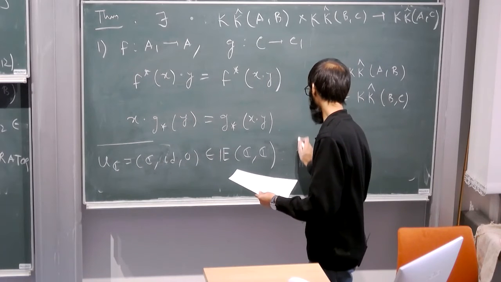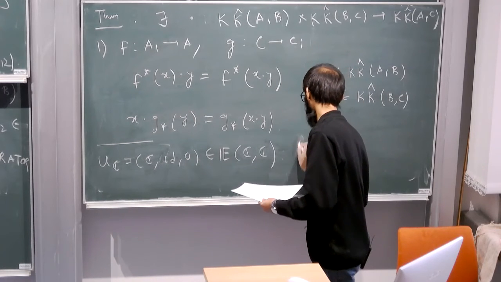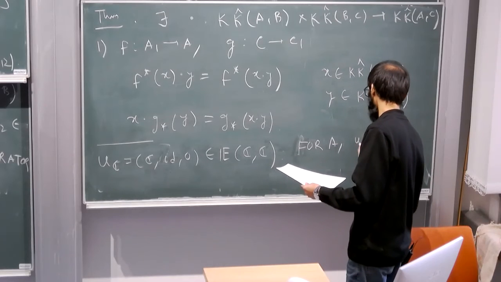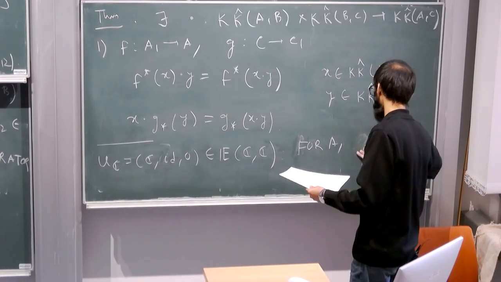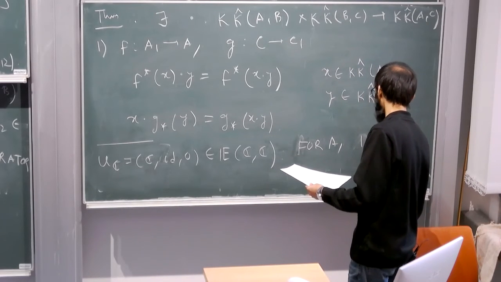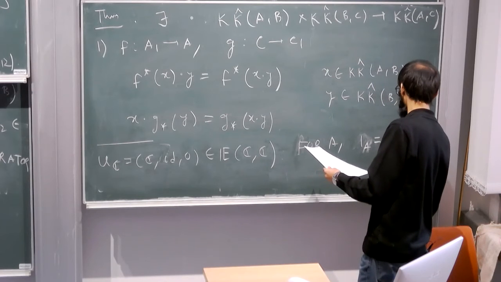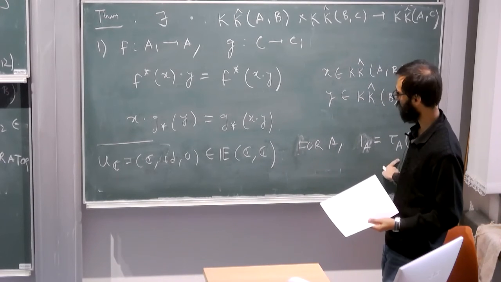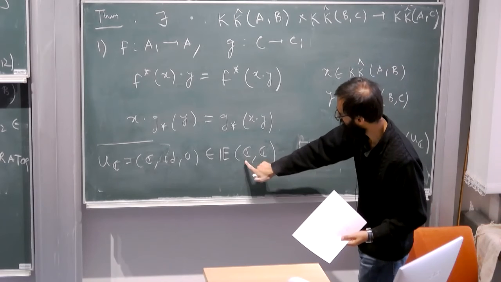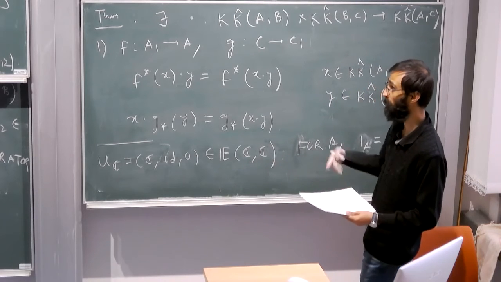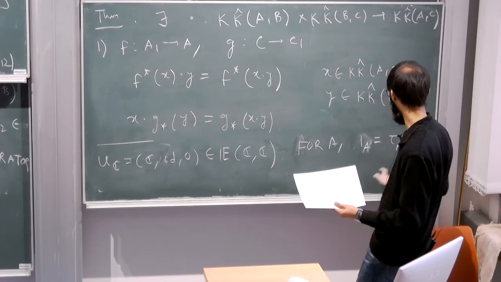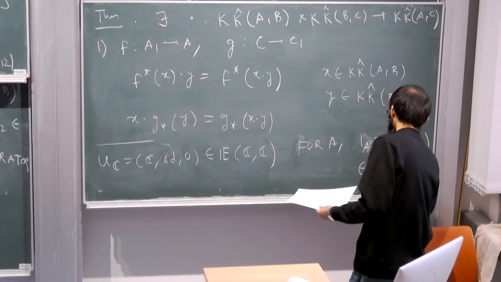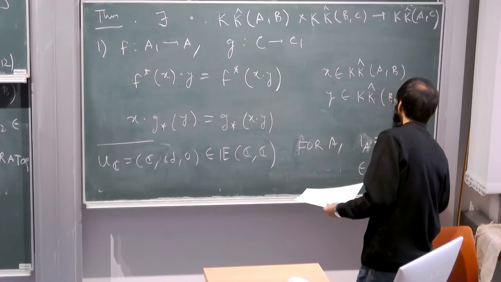For any C star algebra A, take 1_A to be... So recall the external tensor product, it would give you C tensor A, comma C tensor A. That means A, E of A, comma A. So it lands inside E of A, comma A.